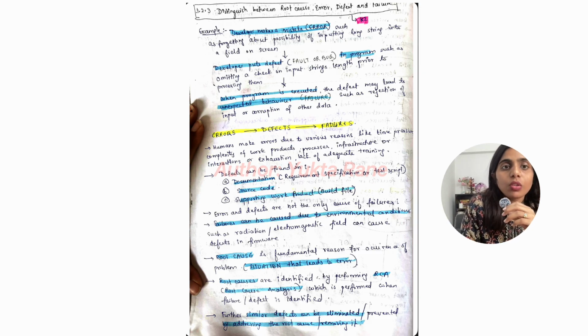So the first one is, let's imagine a scenario where a developer is designing a UI to input some text in a field. Now he designs a code where he forgets that user might input a long string. So this is a situation that he forgets it.